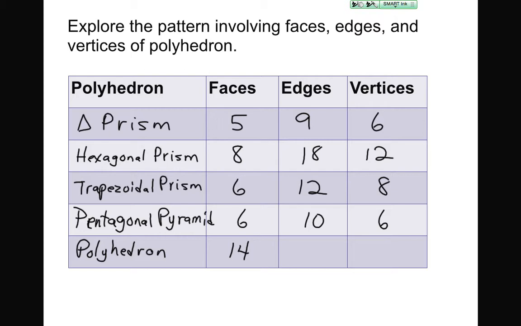There's a consistent relationship. How many? 28 vertices, she thinks? Okay, so those of you that aren't counting, add up two of these columns and then compare it to the other column. Let's see if you can find a relationship.